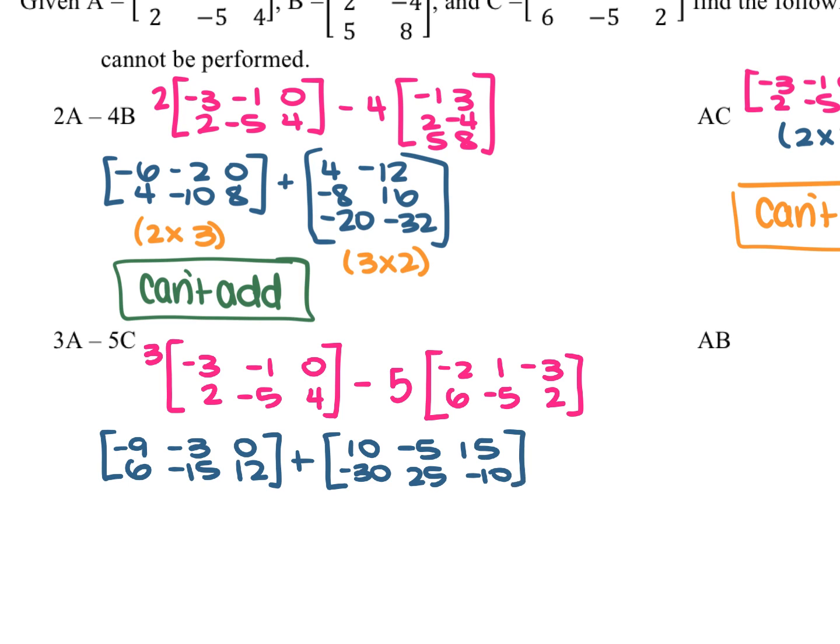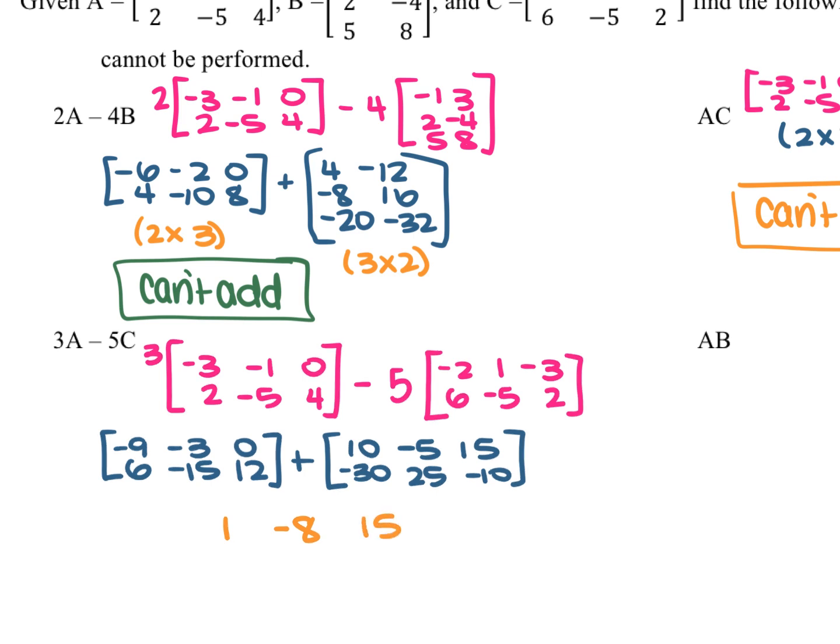So we're adding these. Same position in each, we'll add those numbers. Top left, the negative 9 plus the 10 gives us 1. Middle on the top on both, negative 3 plus negative 5 is negative 8. Top right on both, 0 plus 15 is 15.